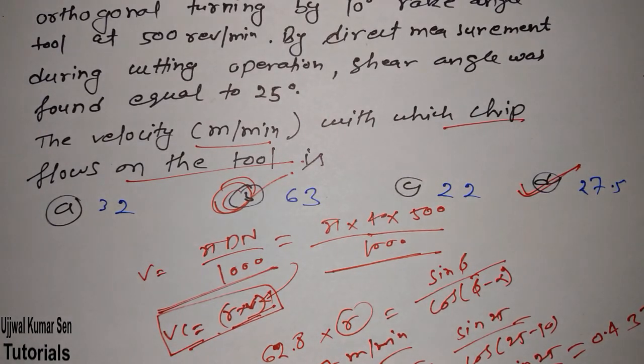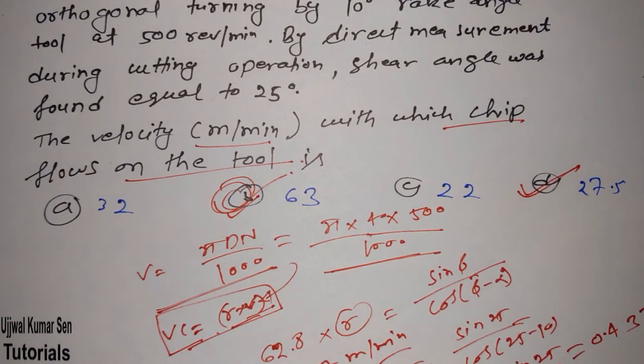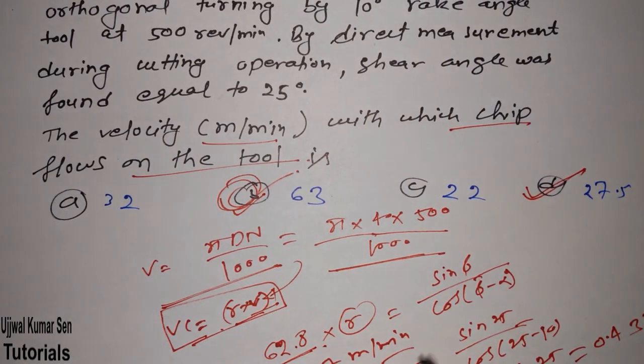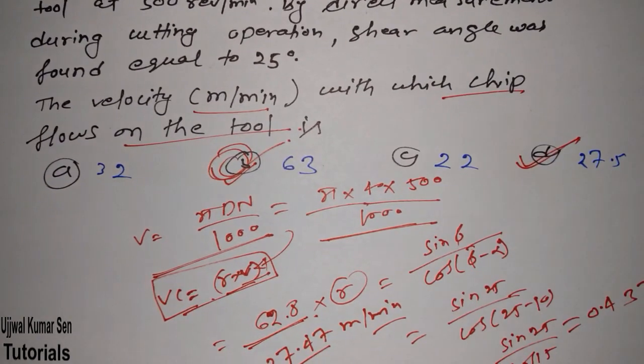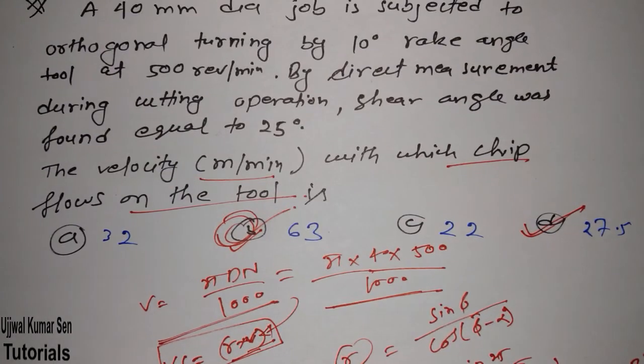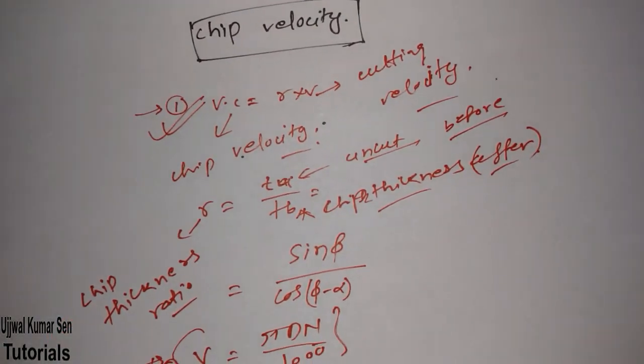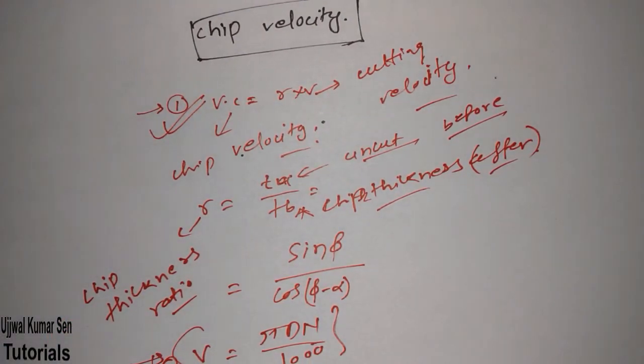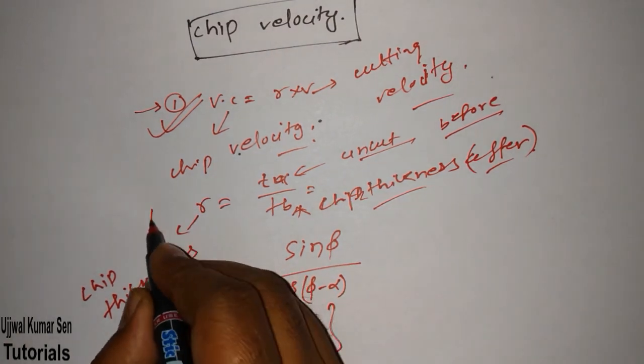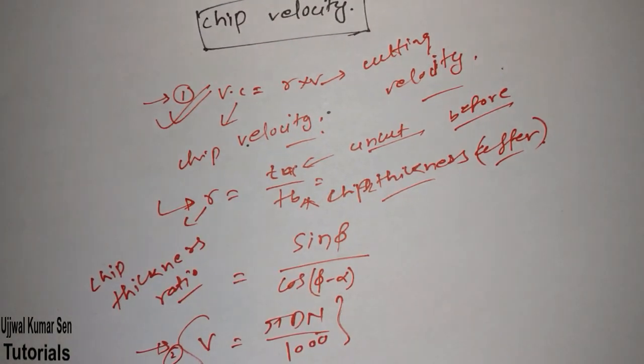If you are talking about cutting speed, then this is the right answer, that is 62.8. Remember this. Probably you are going to make a mistake here, right? So what formulas have we used to solve these two problems? Let me review again. We got chip velocity as the topic, and we got two formulas to use. One is this formula, and here we have also used the chip thickness ratio formula, that is sin phi by cos of phi minus alpha.